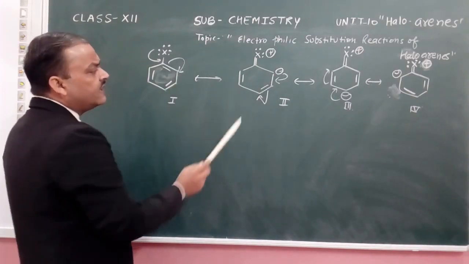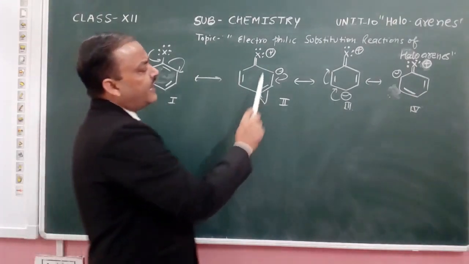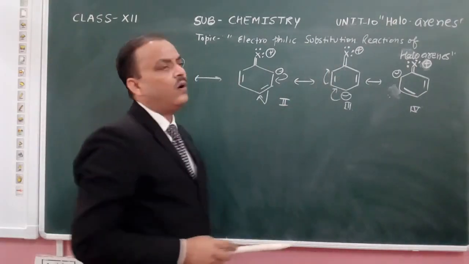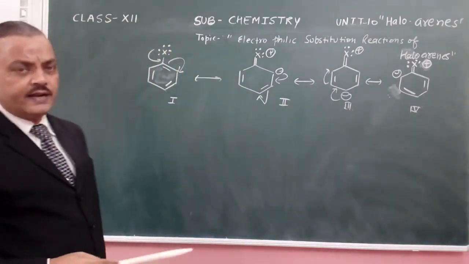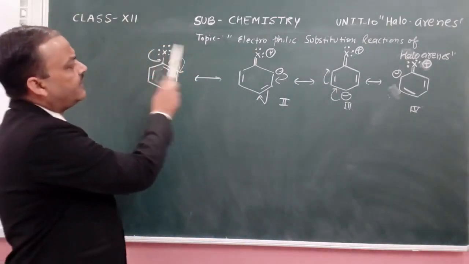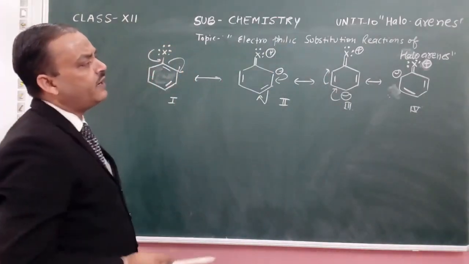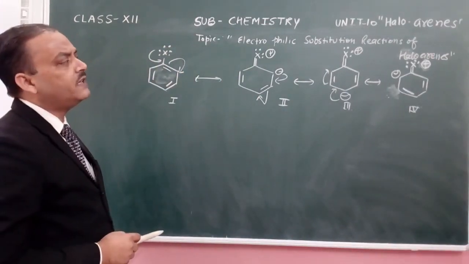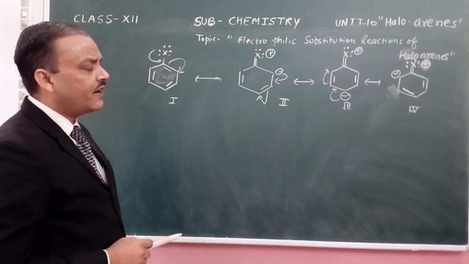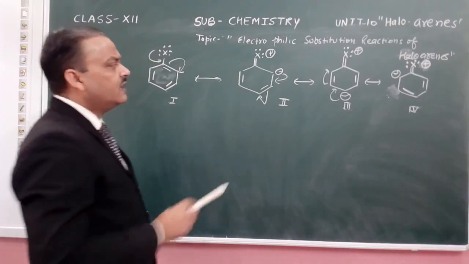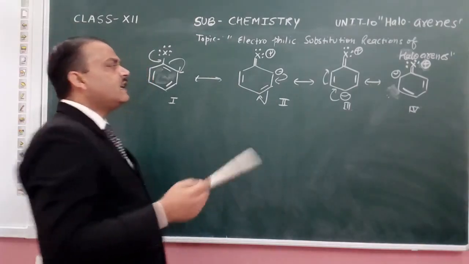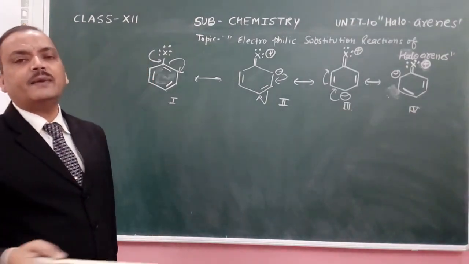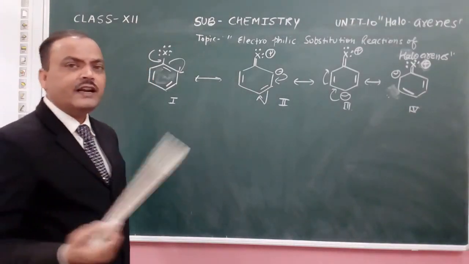Now this kind of circulation of the electron pair given by the halogen atom in this ring completes in a step by step process. So due to this, the negative charge is coming on the different carbon atoms present in the ring.